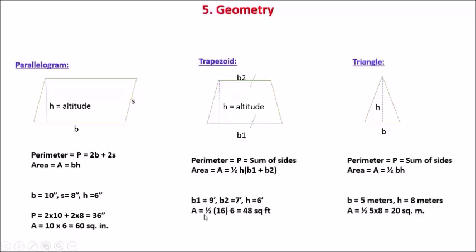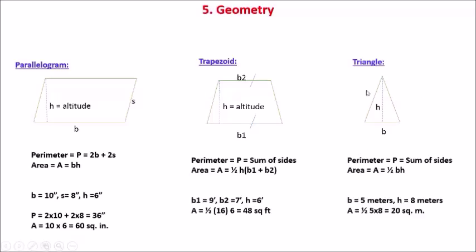What is the area? Plug in 1/2, H is 6, and then B1 plus B2, 9 plus 7, is 16. So 1/2 times 6 times 16 is 48 square feet.